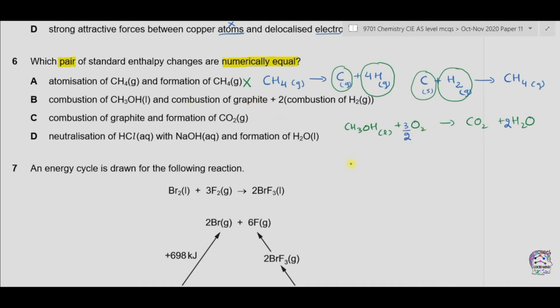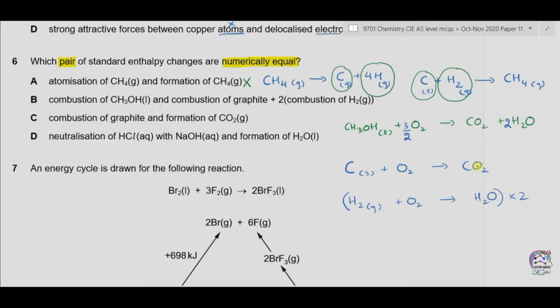Combustion of graphite will be carbon in the form of graphite plus oxygen, which forms CO2. And combustion of hydrogen will be H2 gas plus oxygen, which forms H2O, multiplied by 2.